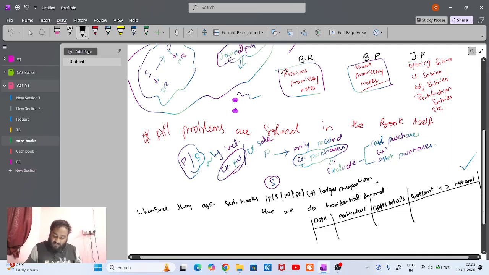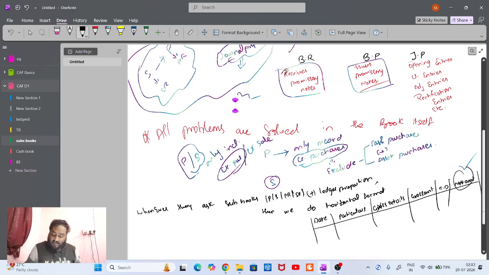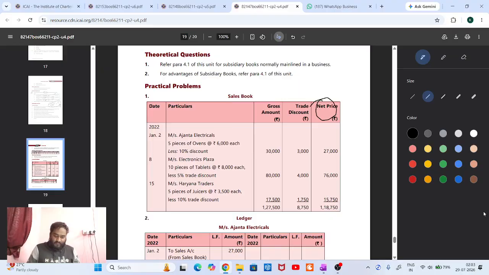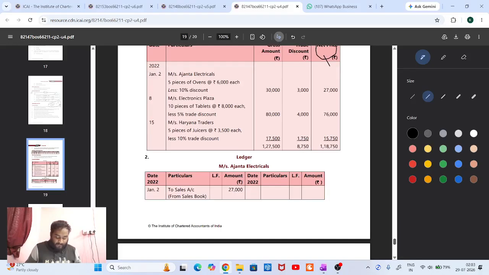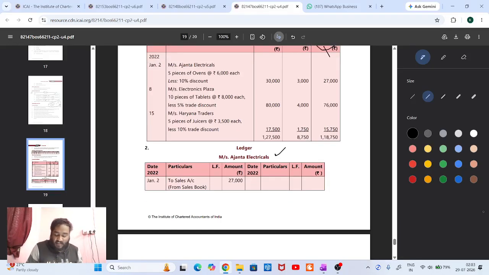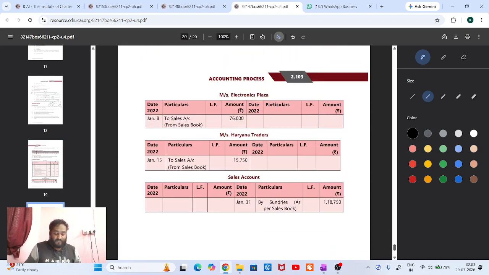This is the format to follow. Why? Because in the ledger balances, we consider this net price amount. For CA Foundation, please prepare the formats and follow the format. This is very important for you.